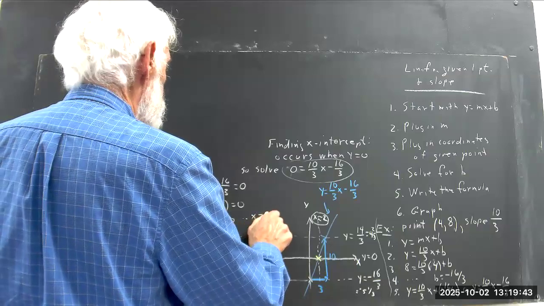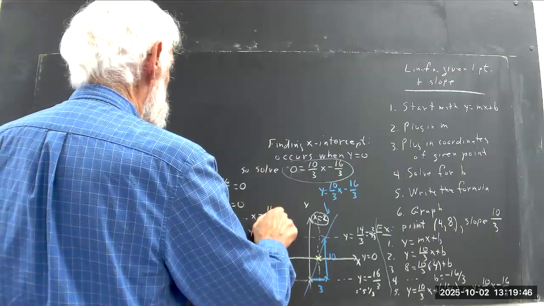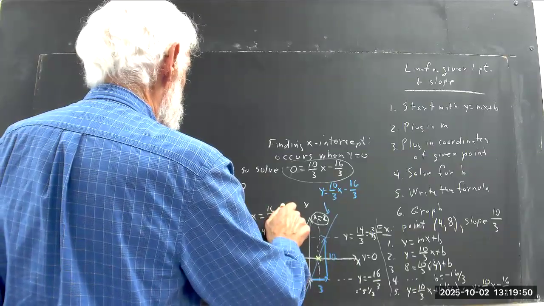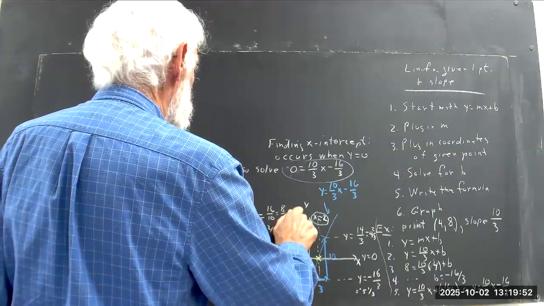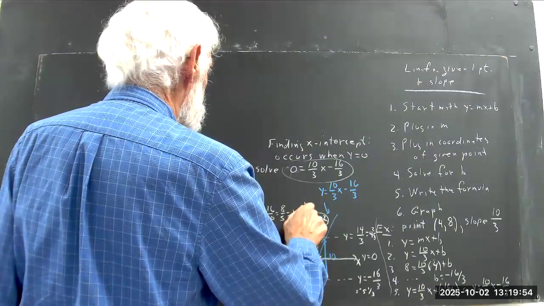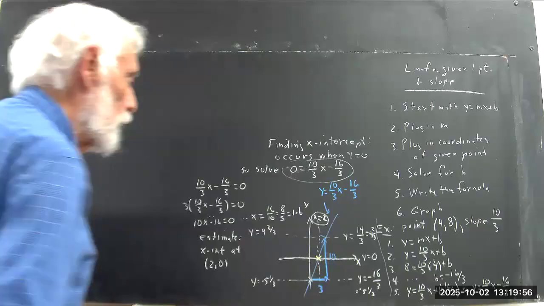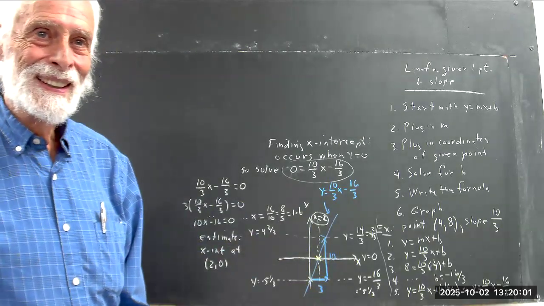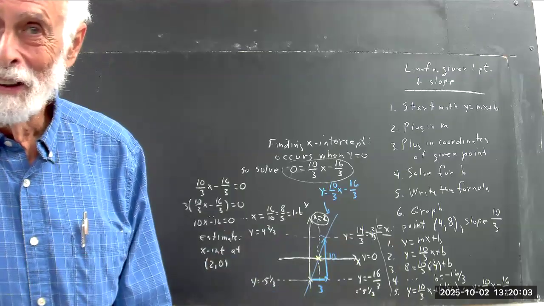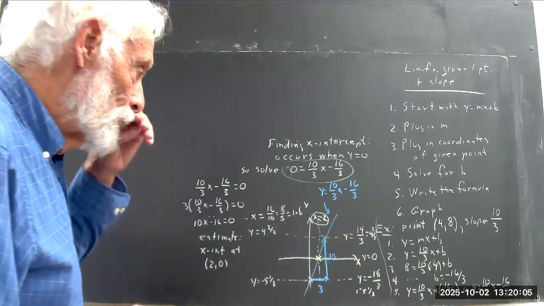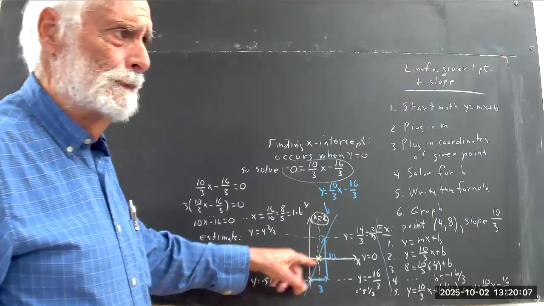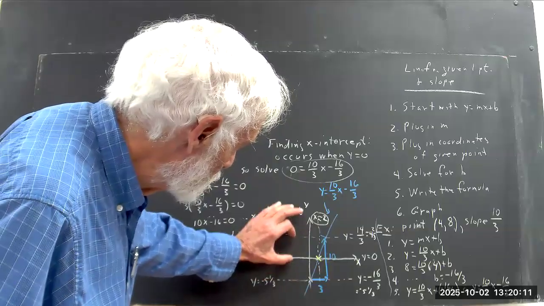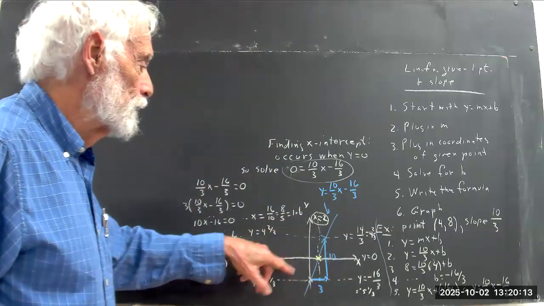X equals 16 over 10, which is 8/5, which is 1.6, which is probably closer to what you would have estimated from this bad picture than x equals 2 is, okay? Actually, I positioned this about right.